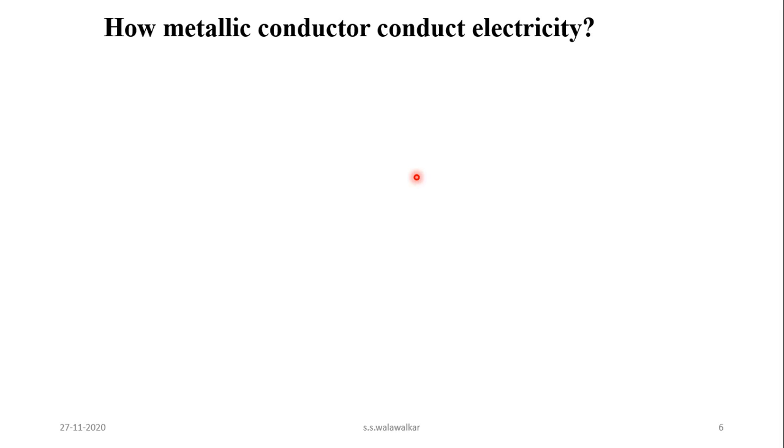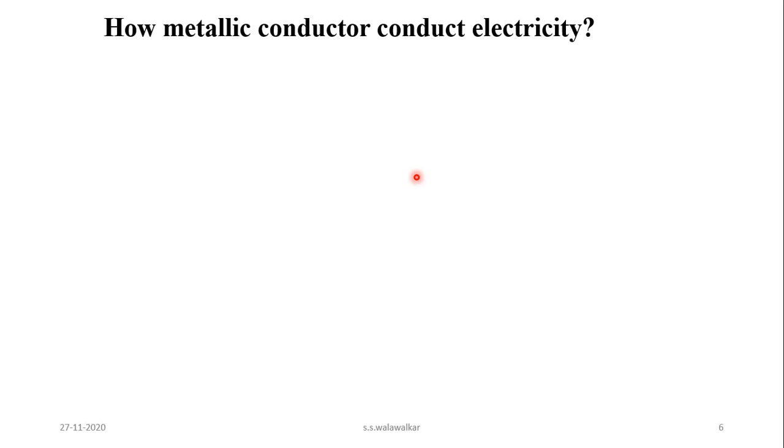You know that in solid state we have studied band theory, and a band is nothing but closely spaced energy levels. According to this band theory, two types of bands are there: one is the conduction band and another is the valence band. The band which has the highest energy is called the conduction band, and the band which has the lowest energy is called the valence band.